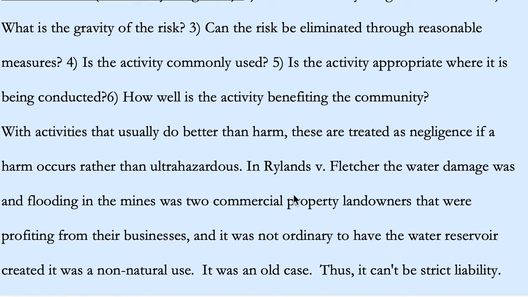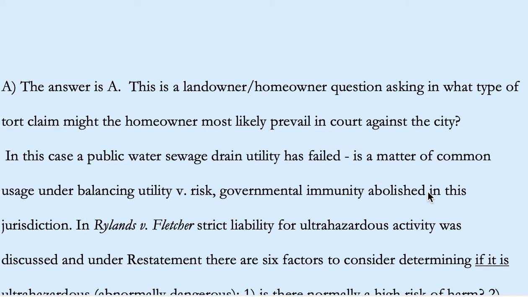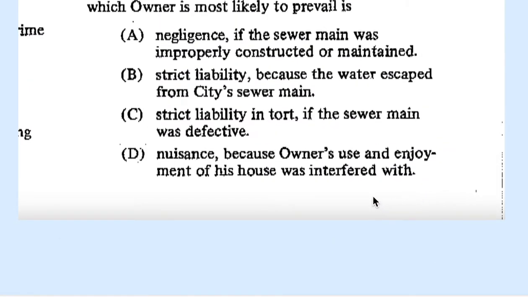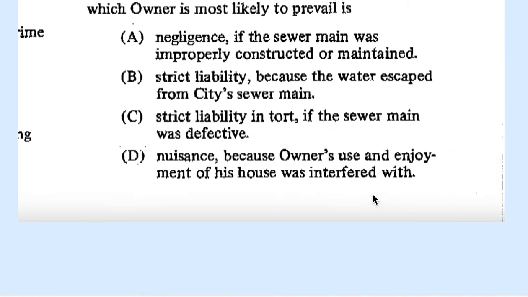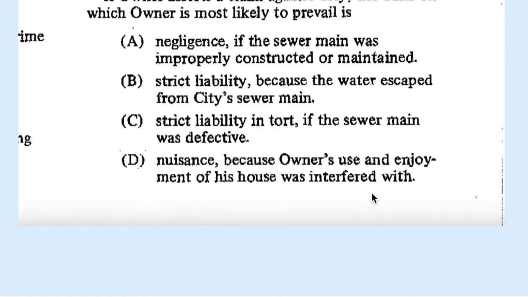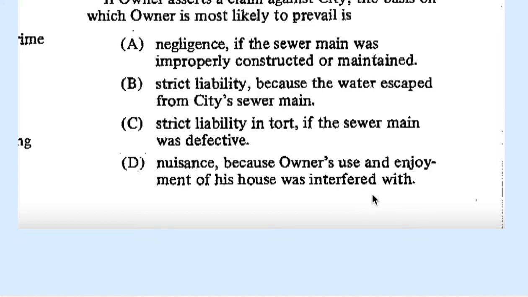And the Rylands versus Fletcher case, you might have thought of that if you chose the other one. It's because back then, that was being used in two businesses, and it wasn't something normal, it was abnormal. So when you're looking at what you're suing for in tort, you have to look at the nuances that might not be so obvious.